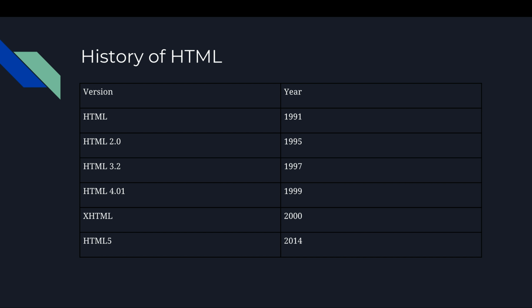The first version came in 1991, and as you can see, the second was 95, third 97, fourth 99, then 2000 XHTML, and in 2014 they developed HTML5 and CSS3, which made the responsive nature of web pages possible through the media queries of the CSS.